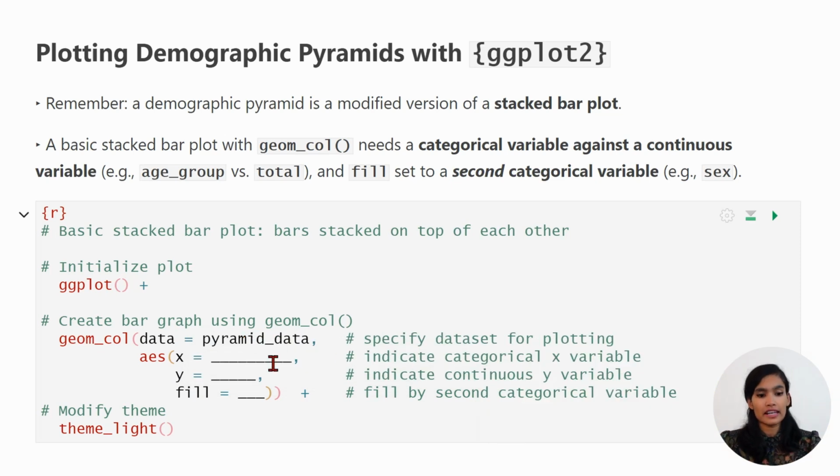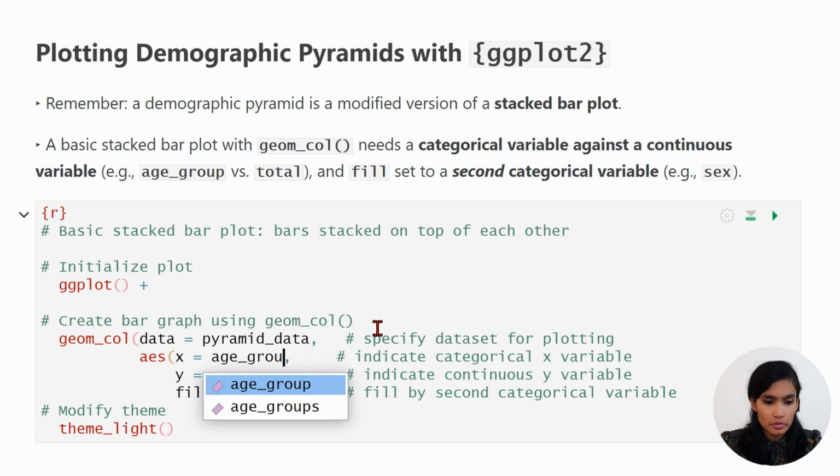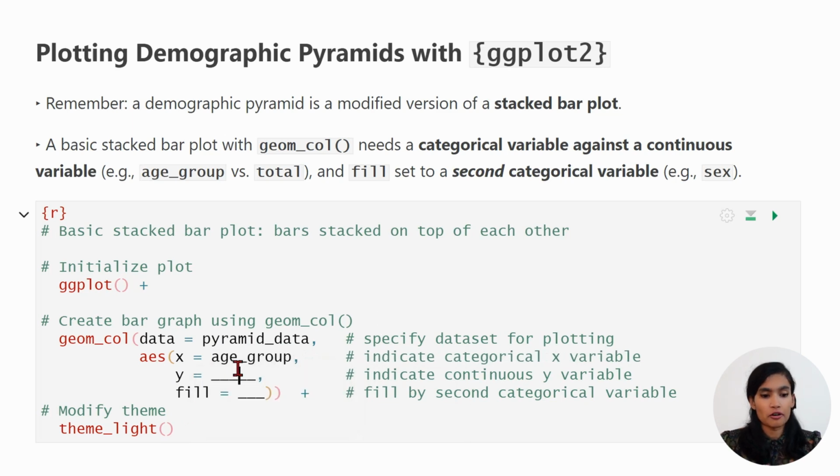Then for our x variable, it's age group, and for our y variable, since we're creating the basic stacked bar plot and not the demographic pyramid, we'll use the total variable, and we'll fill by sex. And theme light just modifies the appearance.